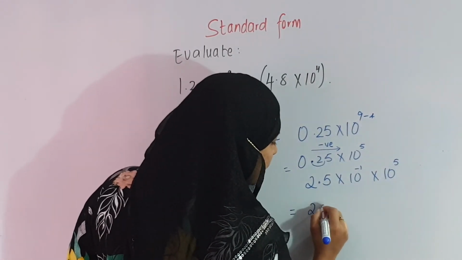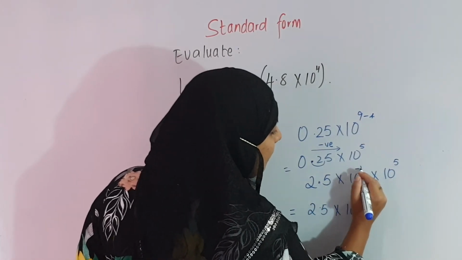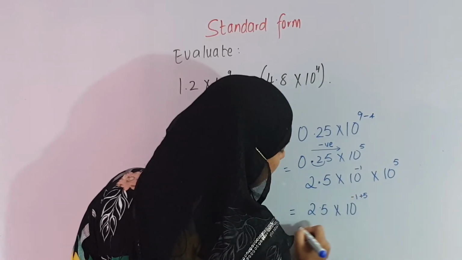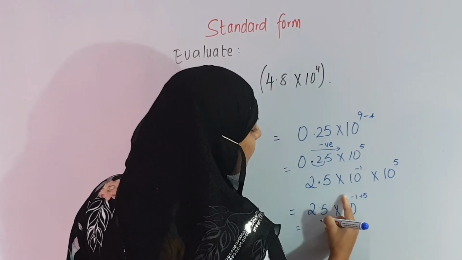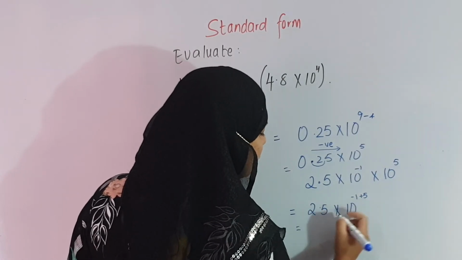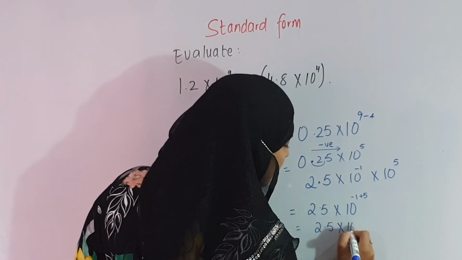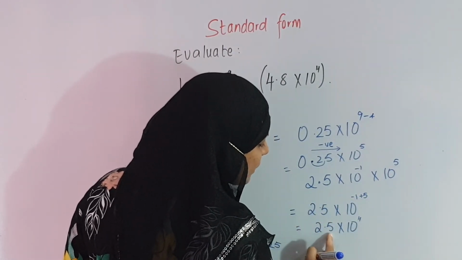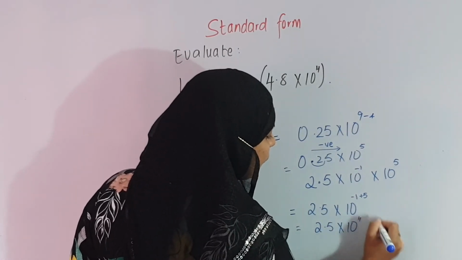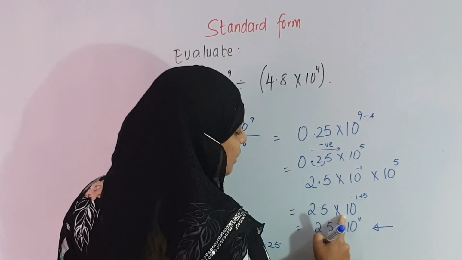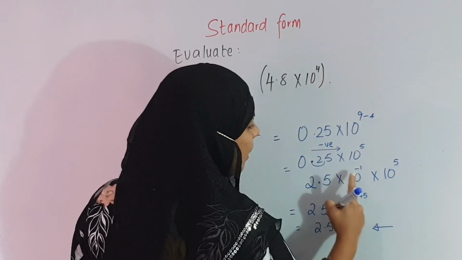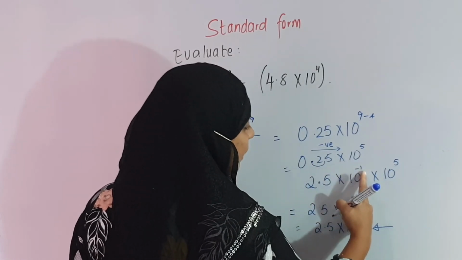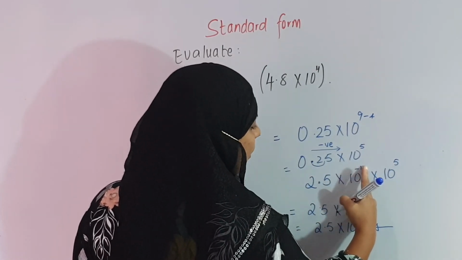Now we have 2.5 times 10 to the power of minus 1 plus 5. We add powers: minus 1 plus 5. We have integers, so 5 minus 1 makes 4. The answer is 2.5 times 10 to the power of 4. The minus 1 comes when we move the point to the right; moving right gives negative powers, so we get 10 to the power of minus 1.